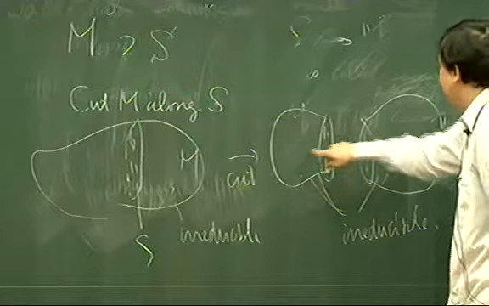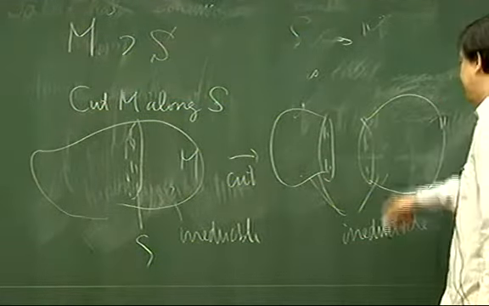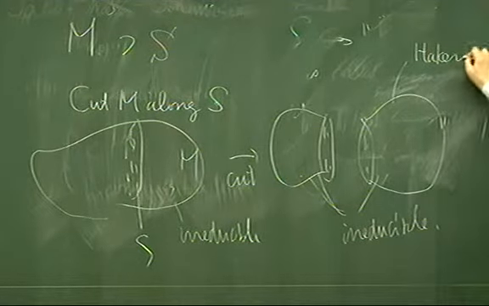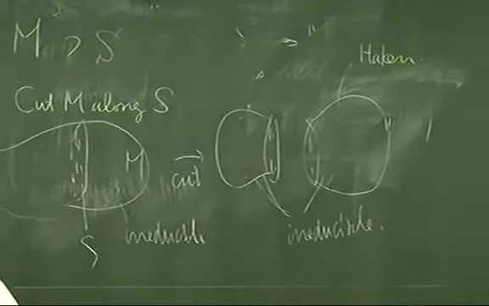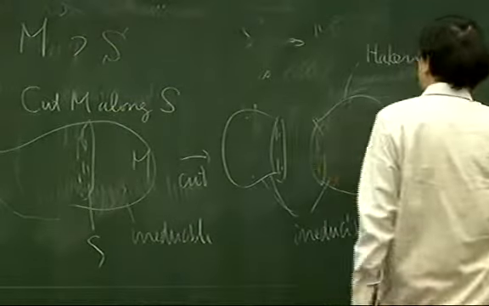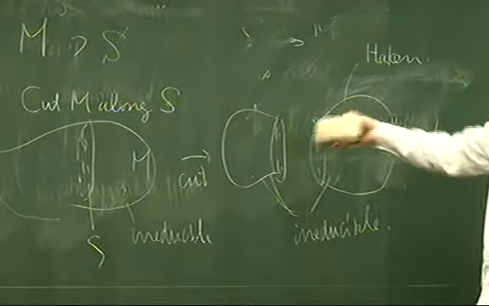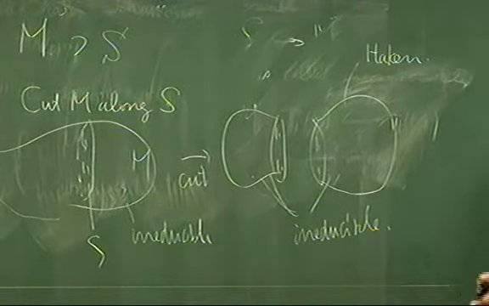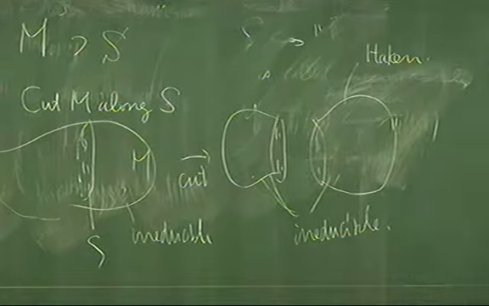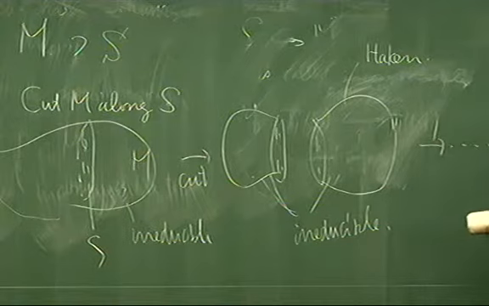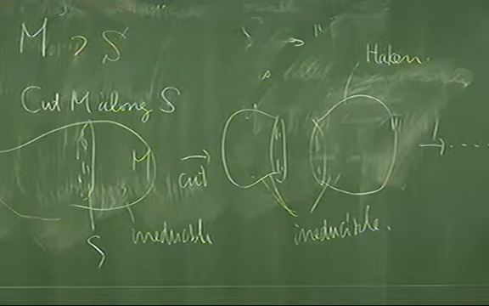So the manifold obtained by this operation is also Haken. But in the last step of this operation, you get the 3-ball, which is not Haken. Before reaching the final stage, you get Haken manifolds. So you can continue the process, and finally you get the 3-ball or a union of finitely many 3-balls.